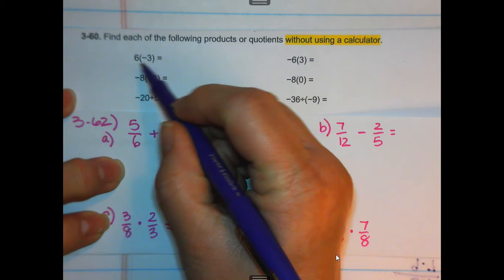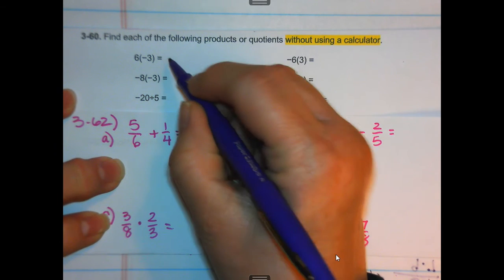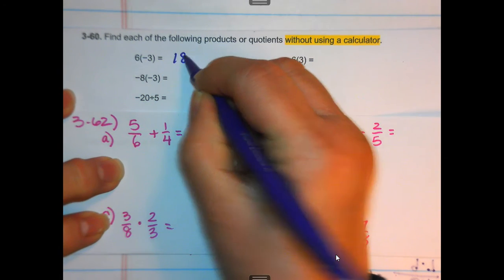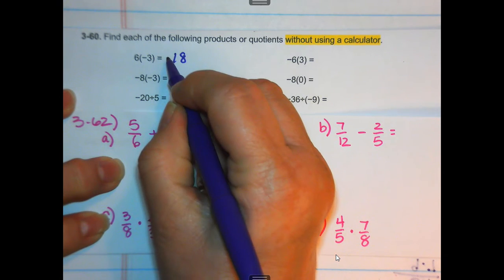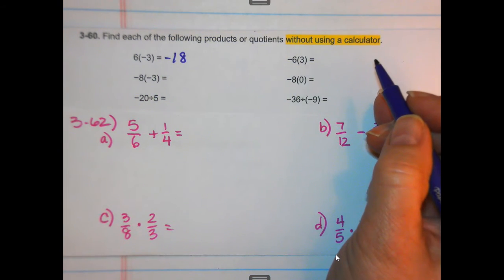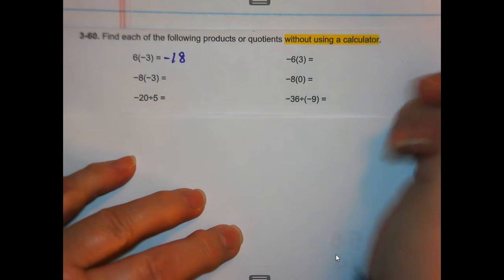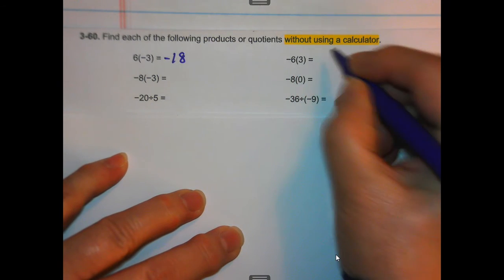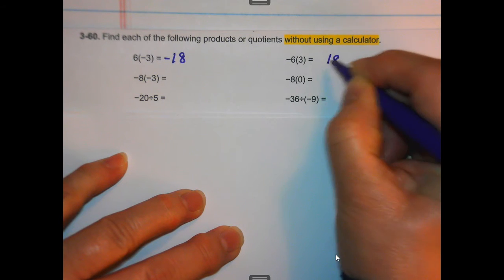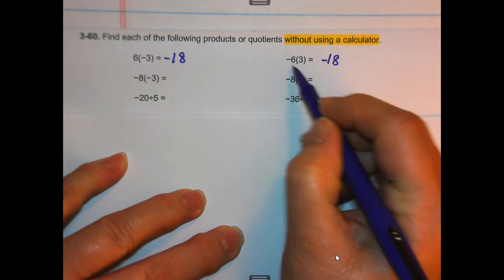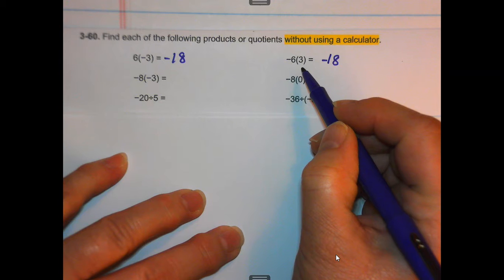This is 6 times negative 3, and our answer would be 18. Since my signs are different, I get a negative 18. Negative 6 times 3, I get an 18 again, and it's negative because the signs on the factors are different.